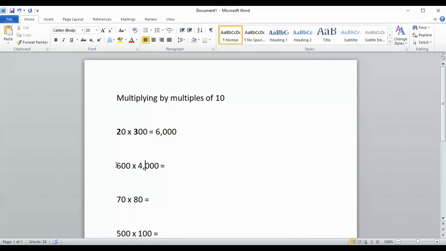So if we're going to do 600 times 4,000, or how much is 600 groups of 4,000, we're going to find the math fact, which is 6 times 4, and 6 times 4 is 24. Then we find out how many zeros are in both of these numbers together: 1, 2, 3, 4, 5.